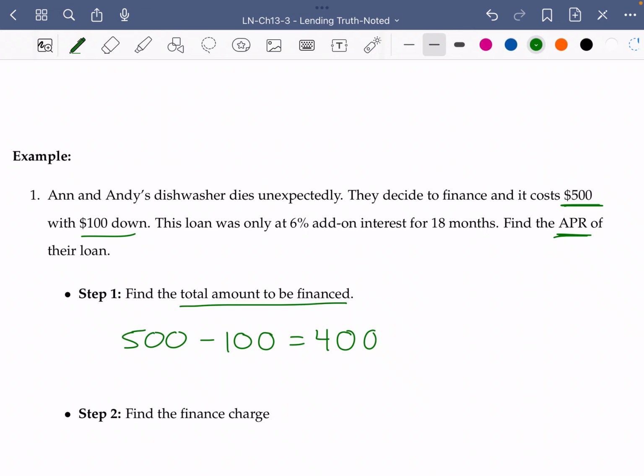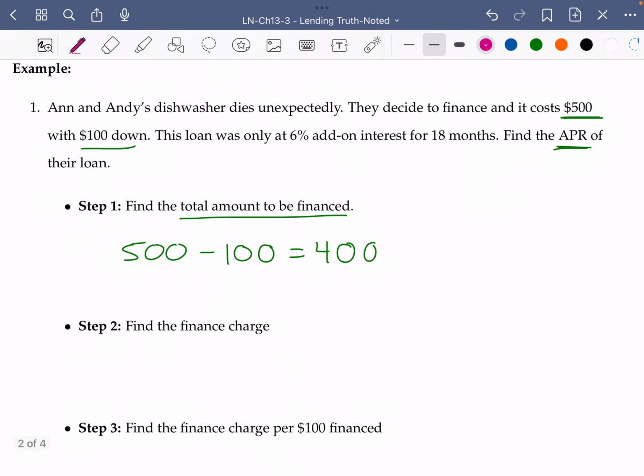Of that $400 that we are financing, the amount of interest that we are going to be charged is add-on interest, so this will be a simple interest that's added on. Our principal is $400 times our rate of 0.06 times the time. Now, that's 6% annual interest, so the time is not going to be 18 months, but we will write it as 1.5 years.